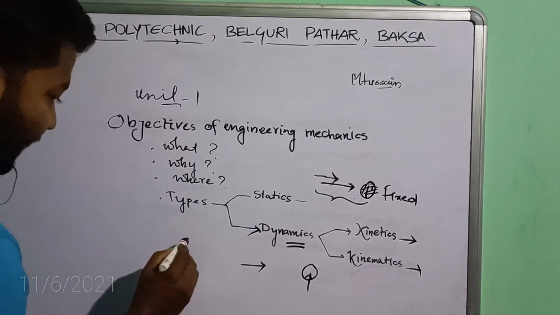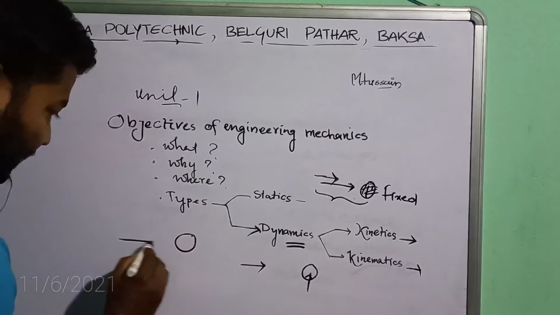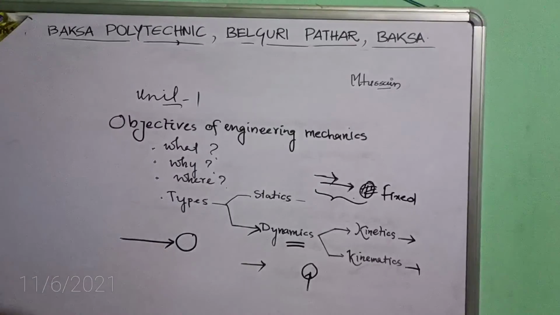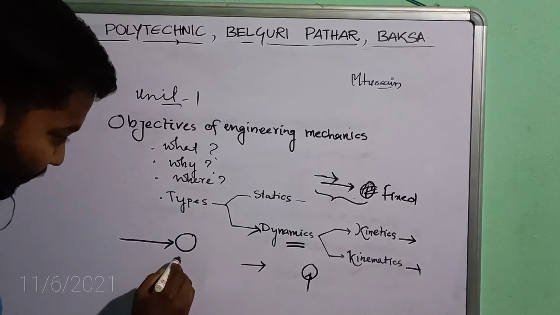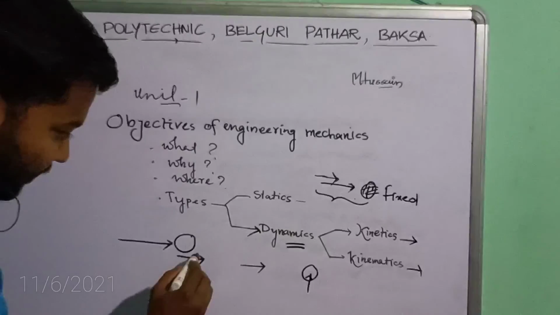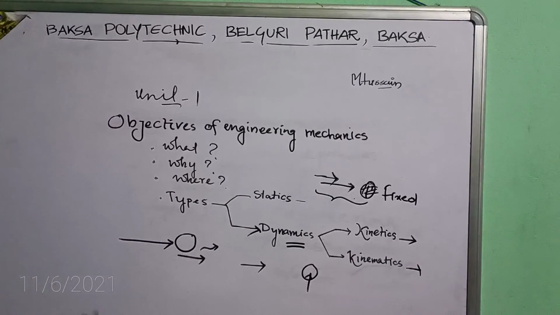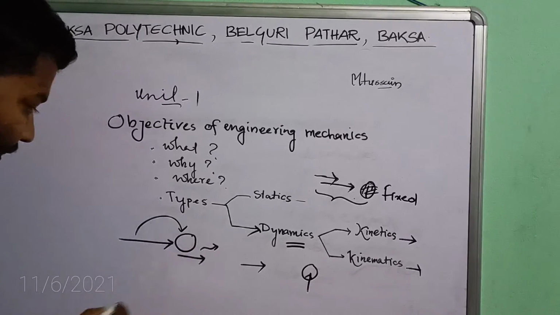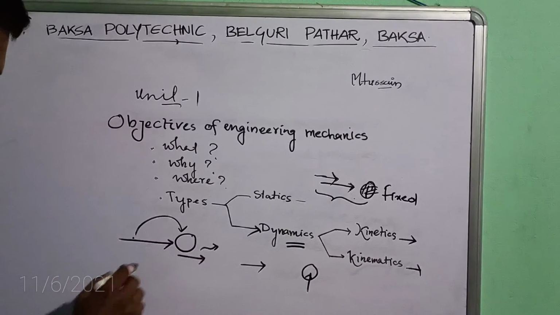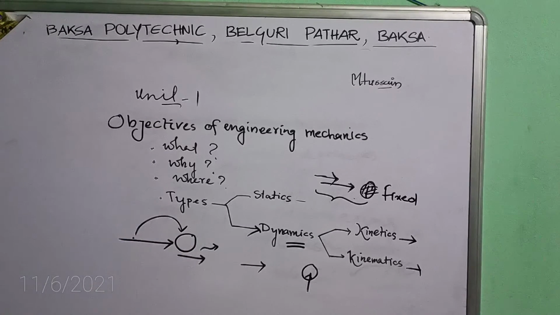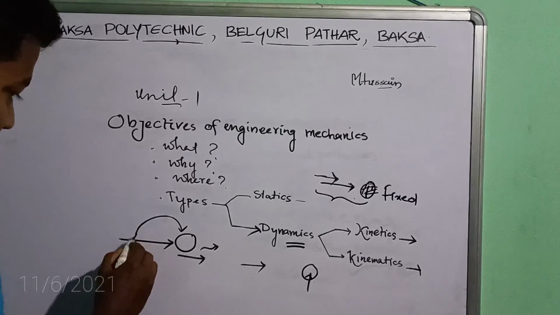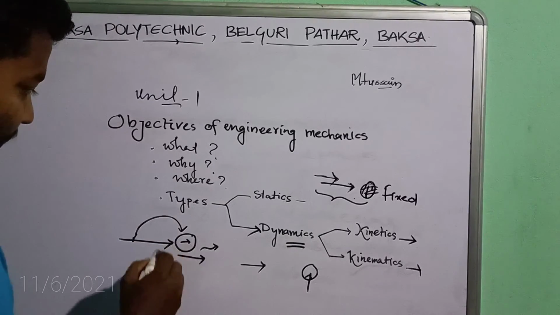Kinetics is where you have applied force on a body, and because of this applied force, the body tends to move or starts moving. Then we study the relation between the applied force and the motion of the body. That means the cause and the effect of this applied force. The effect is that whenever you apply this force, the body tends to move.